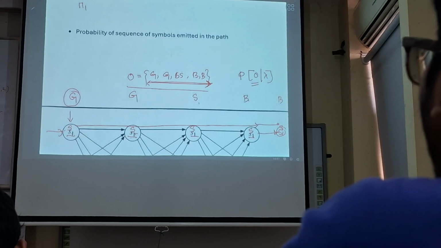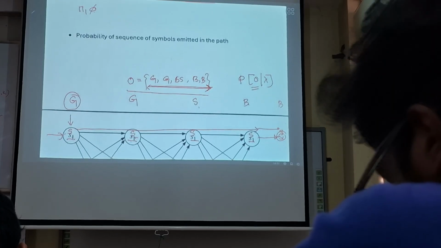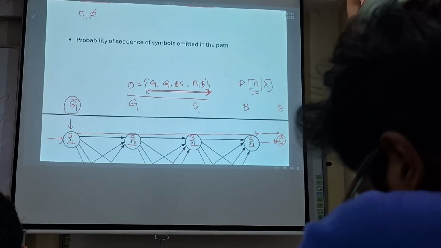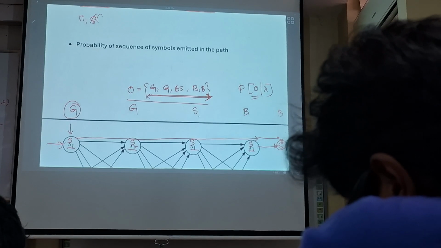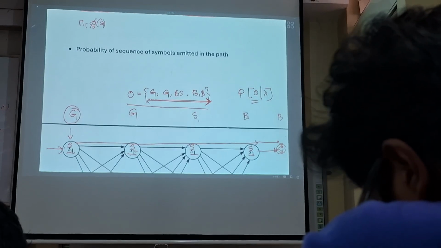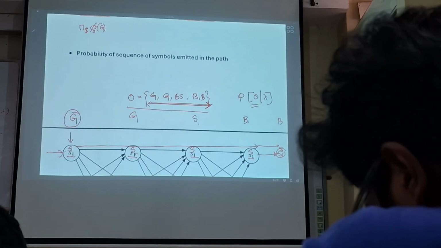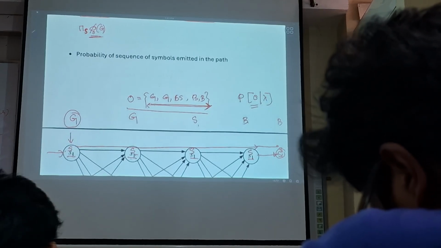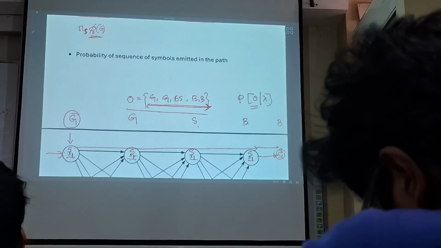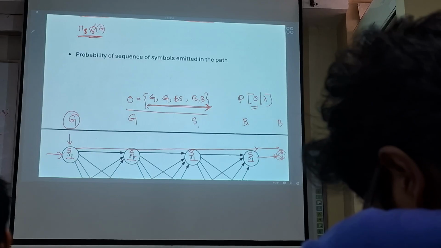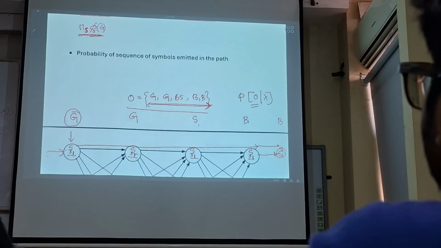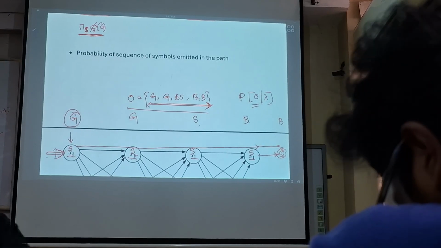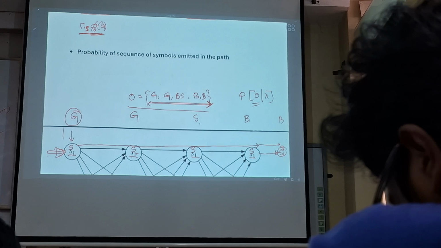This probability is given by the B matrix. So collectively, what does it say? It says that the chain will start in the sunny state and it will emit the symbol.